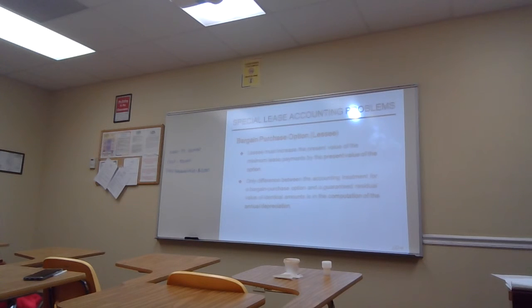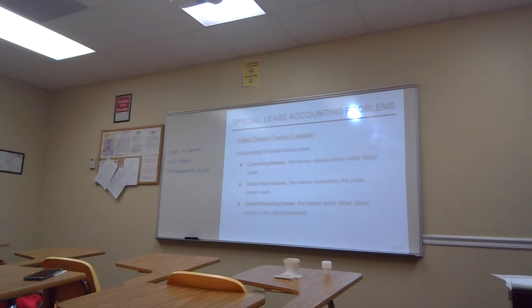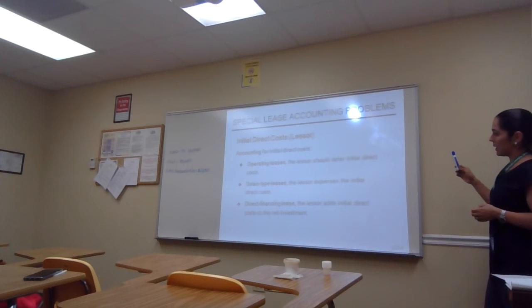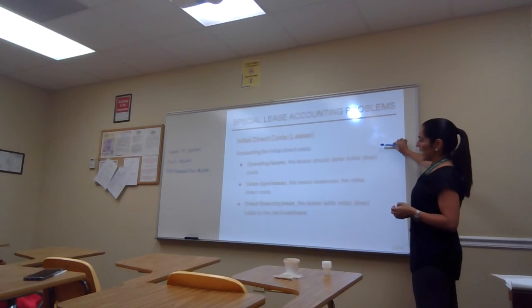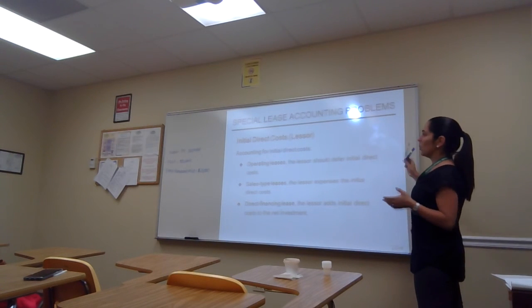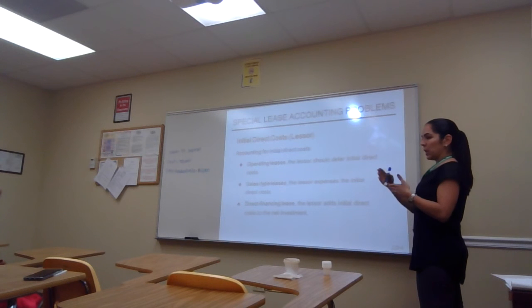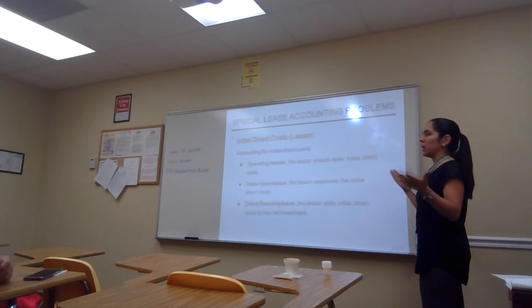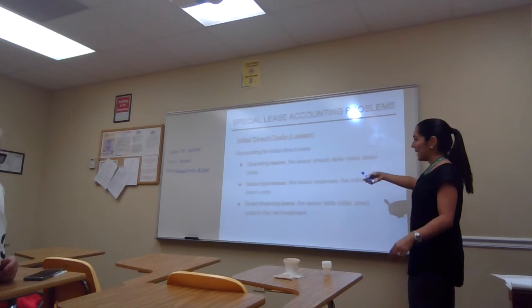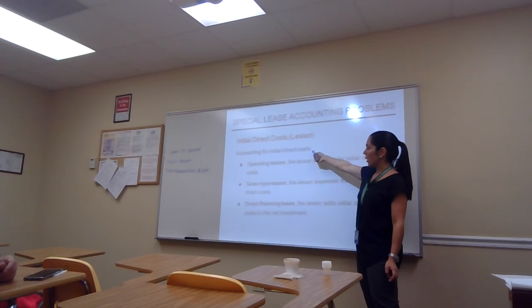We've already spoken about bargain purchase option. Initial direct cost is only a component on the lessor side. It basically says that if there's any initial direct cost, which means costs as you're negotiating the lease agreement, let's just say you pay an attorney to help you negotiate that, that is what's called an initial direct cost.